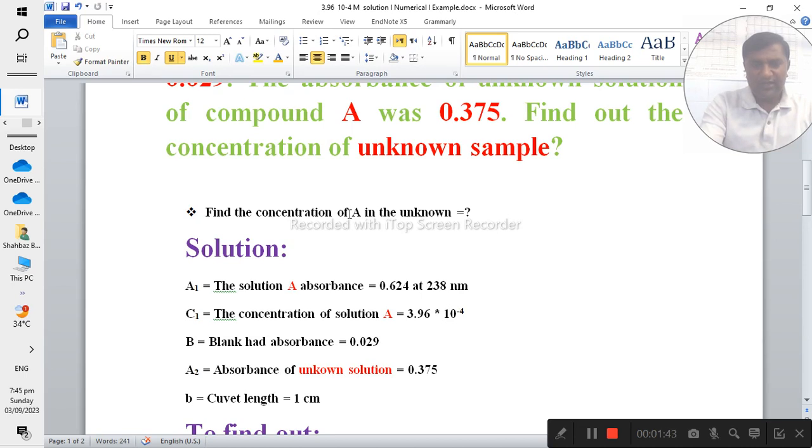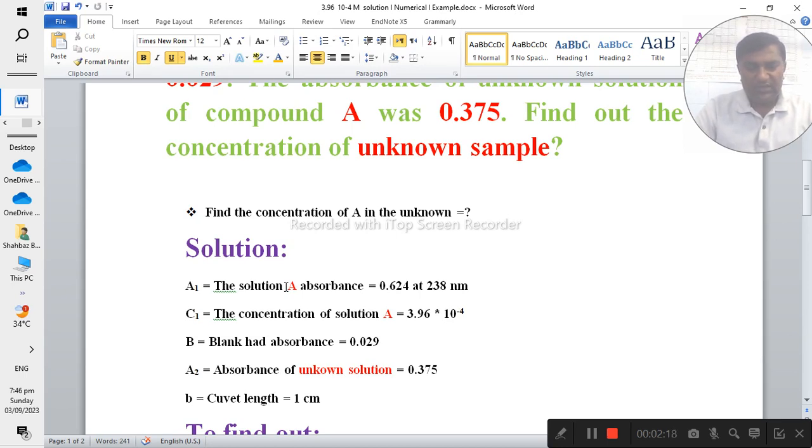How can you find out? A1 is the absorbance, 0.624 at 238 nanometer, and C1 is the concentration of solution A, which is equal to 3.96 × 10^-4. The blank had an absorbance of 0.029, and A2 is the absorbance of the unknown sample, 0.375.